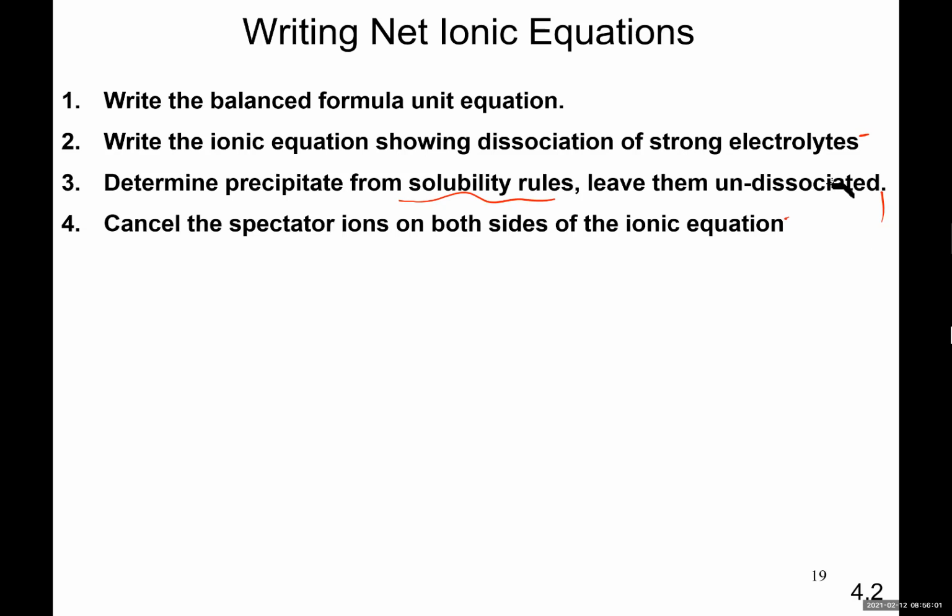And next, cancel spectator ions. That means cancel ions which are the same on both sides of the equation. This is just like algebra. It simply means consider chemical equations like algebraic equations and cancel identical terms from opposite sides of an equation.